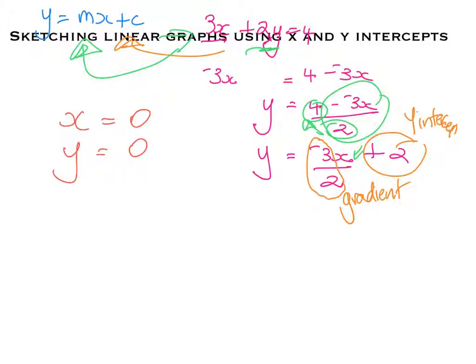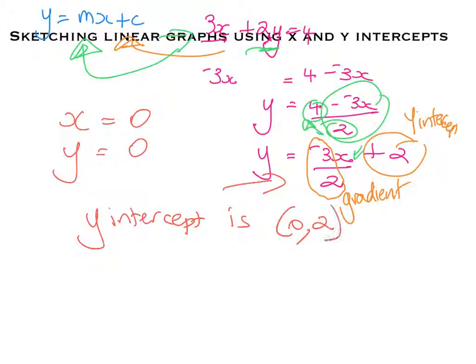So in this case, if we look at our equation over here, we can say that our y-intercept is 0 and 2. They're our coordinates, because remember we always list x and y. Because we know what our y-intercept is, which is 2, we are now saying that our x is 0 according to this.